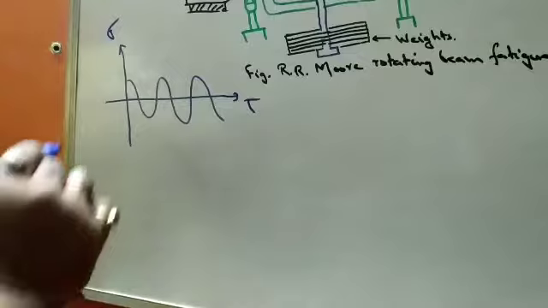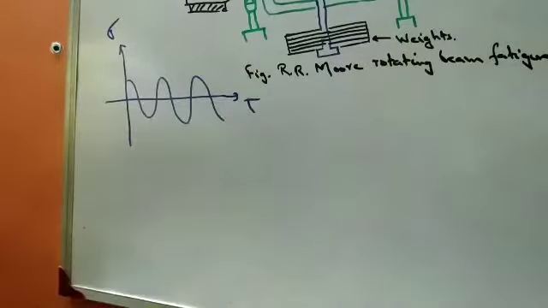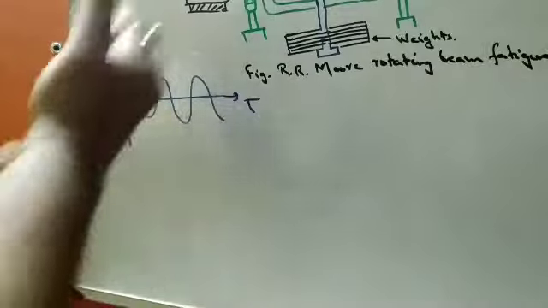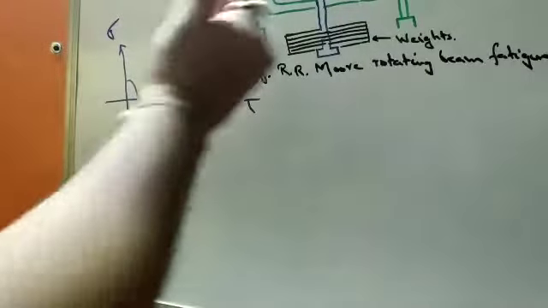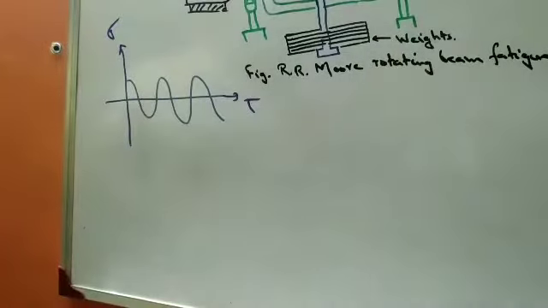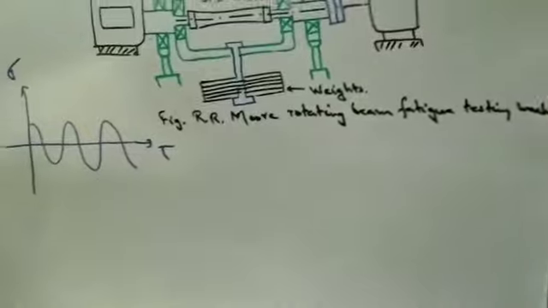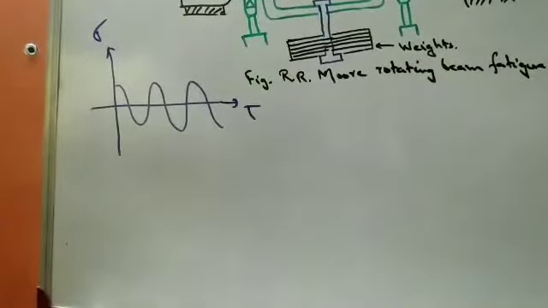So what happens as time progresses? The stress fluctuates totally from tension to compression, compression to tension. This sort of fatigue loading is applied to a specimen. Now how is this sort of fatigue loading applied to a cylindrical specimen?